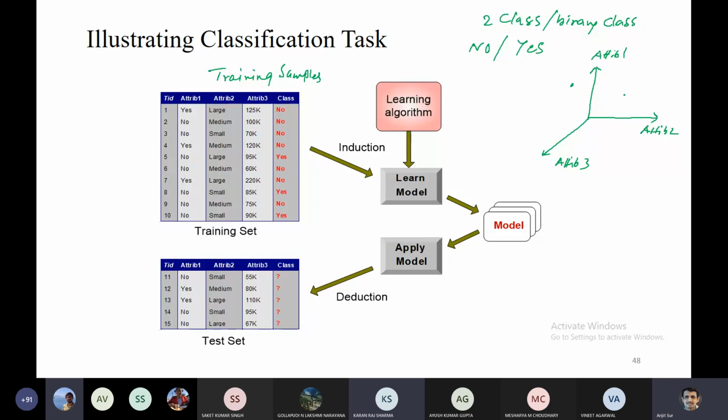Let's say the first data sample is 1. Now this data sample is basically from here, it is a kind of this distance from this, and definitely this particular distance.